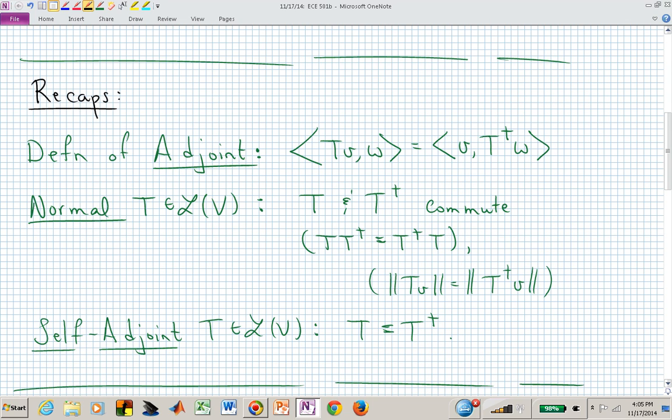Those are two ways of thinking about the same thing, which is when you have a linear operator that's normal. If you have a linear operator that's self-adjoint, that simply means that the linear operator is equal to its adjoint. And you can see what that means in the definition of the adjoint. Now T just immediately, effectively, slides over into the second slot.